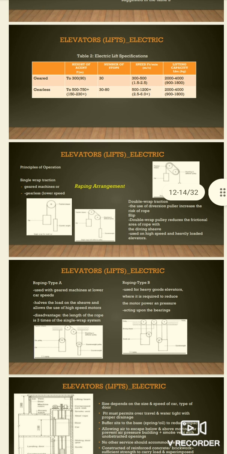Elevator lift electric. Size depends on the size and speed of car, types of door. Pit must permit overtravel and be watertight with proper drainage. Buffer seats to the base, springs or oil to reduce impact, allowing air to escape below and above the moving car to prevent air pressure building, plus smoke vent with an unobstructed opening.